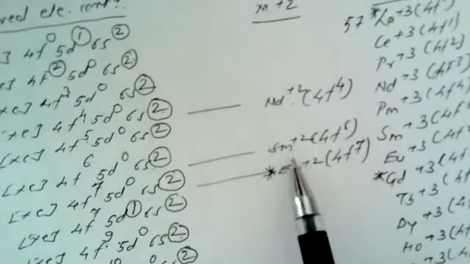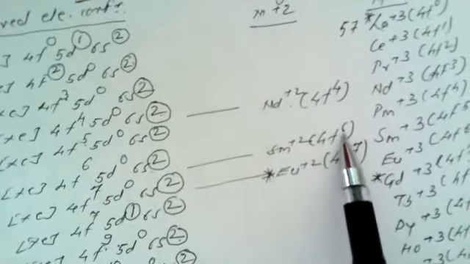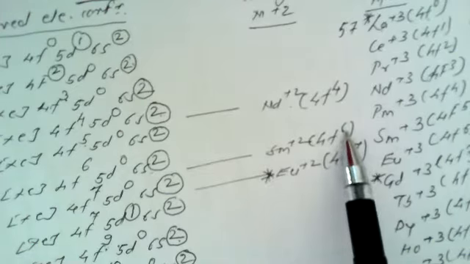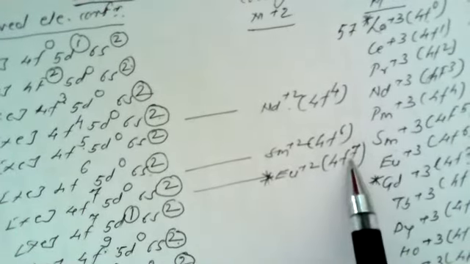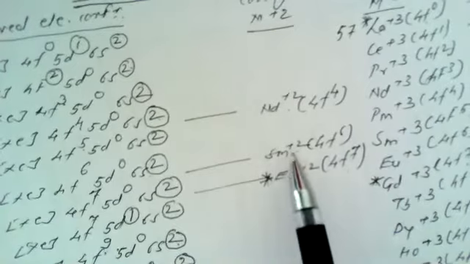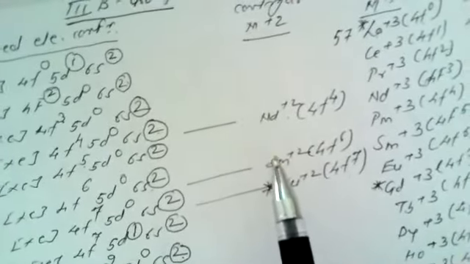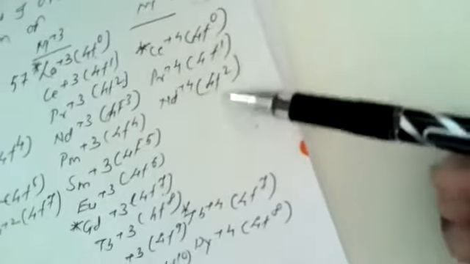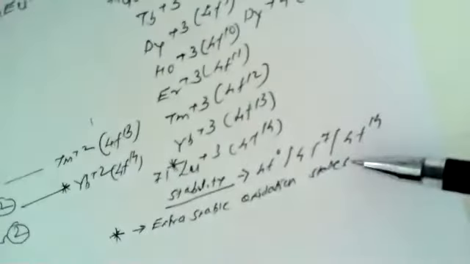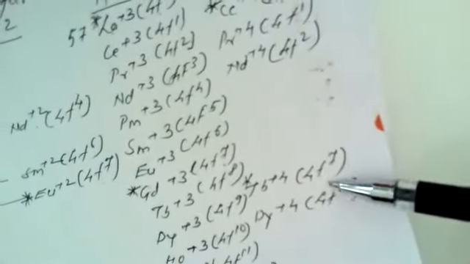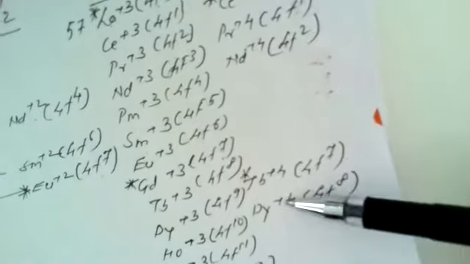Again here, come to samarium. This is short of only one electron to complete its 4f7 configuration, which is extra stable as in europium. Even though it is stable, it is not extra stable. Similarly, we can also explain this one: it has one more extra electron, but it is stable because it has F8 configuration.